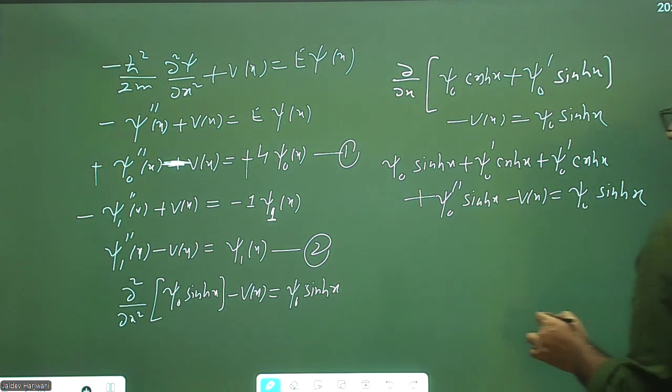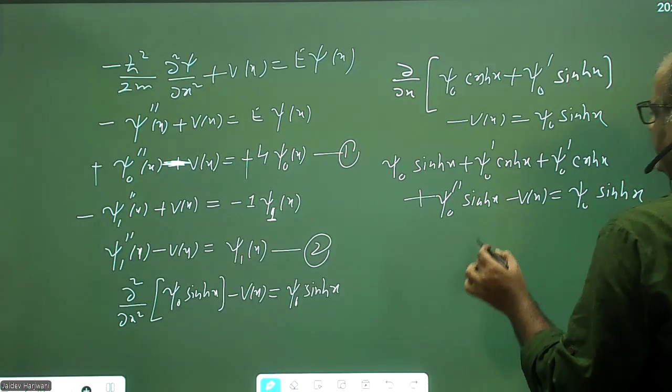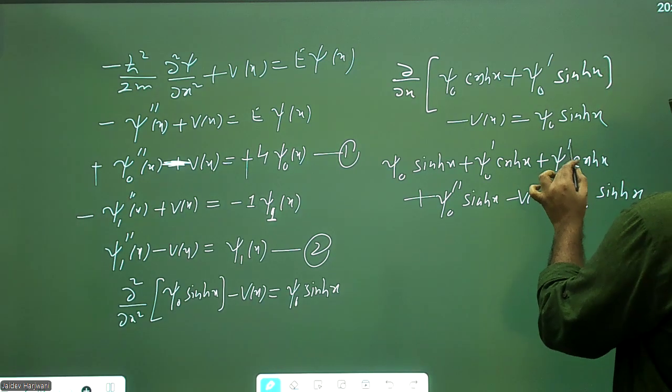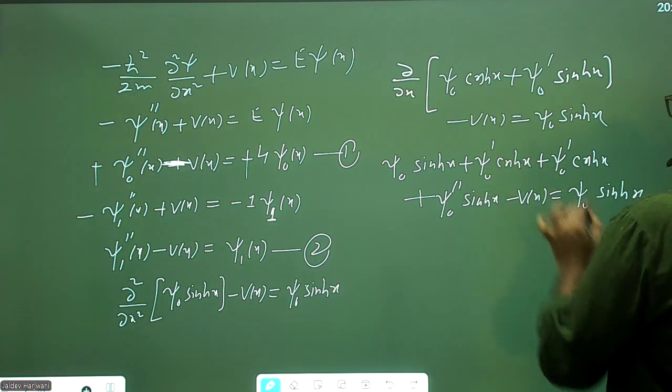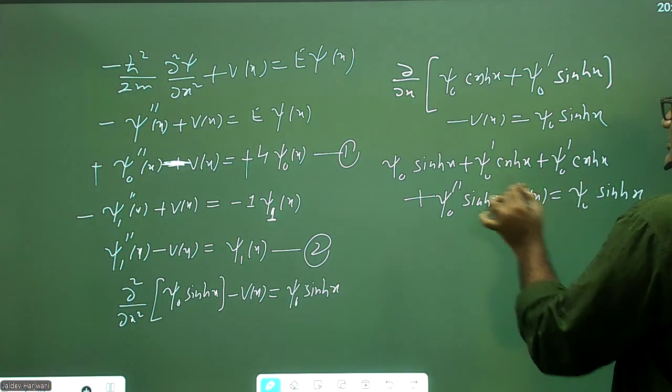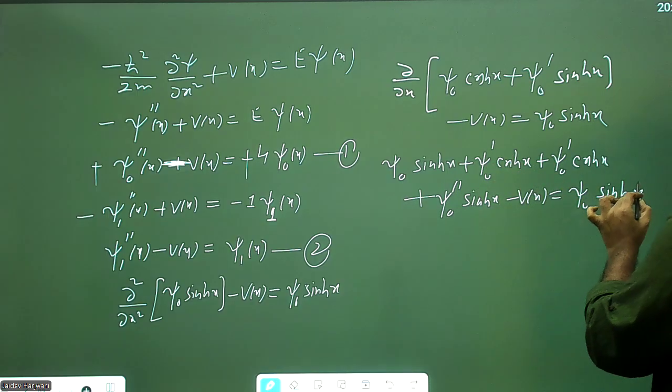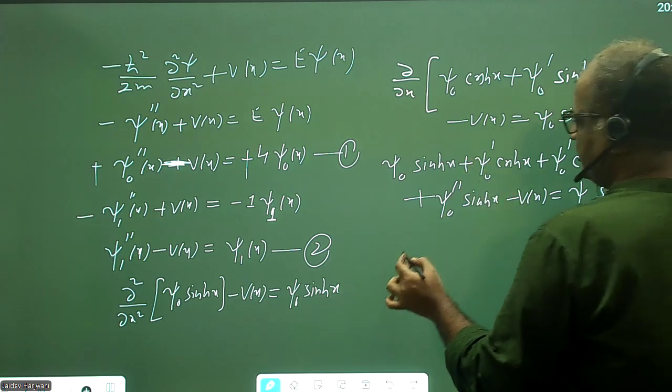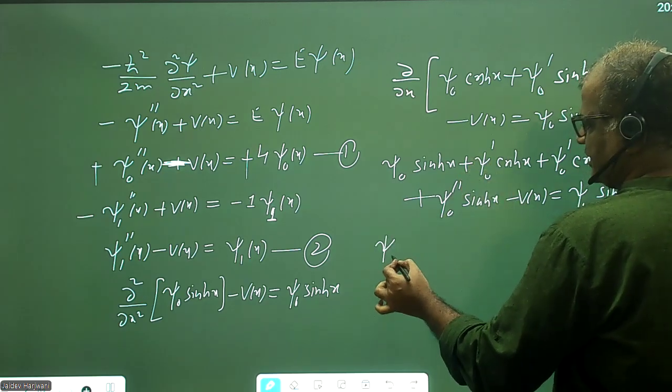So this equation simplifies, and the psi naught dash cos hyperbolic term becomes 2.